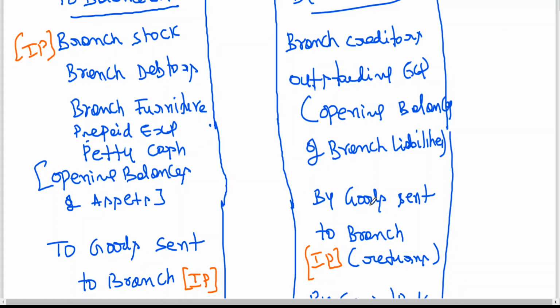Next, when the balance in goods sent to branch account is transferred, like goods sent on consignment to trading account or to purchase account, you write the same thing.